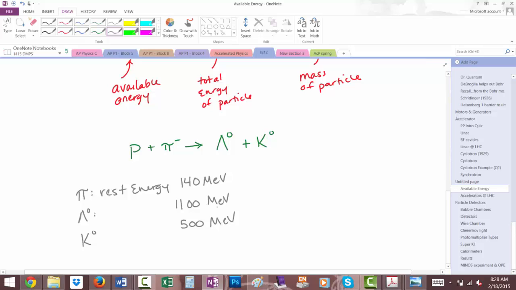The proton's rest energy is 938, I believe. Let me double check here.